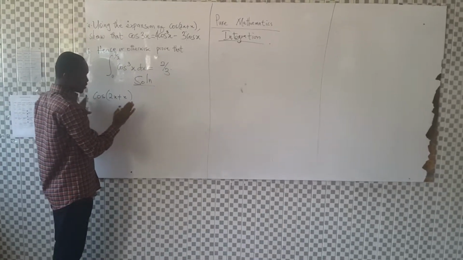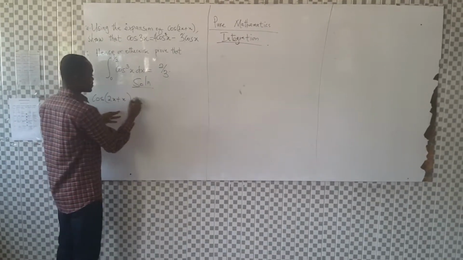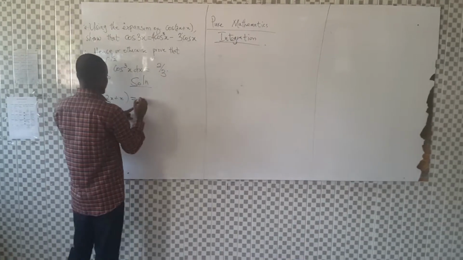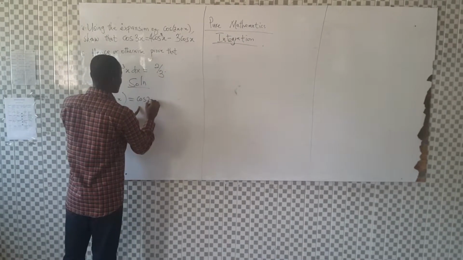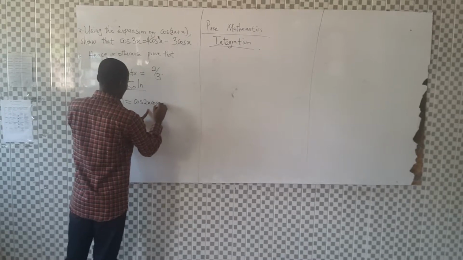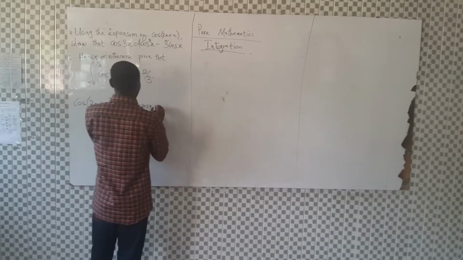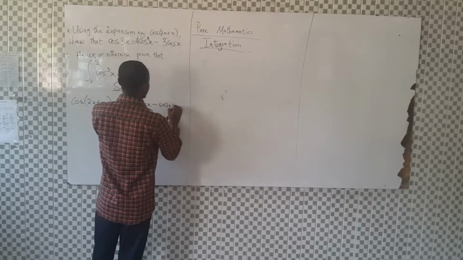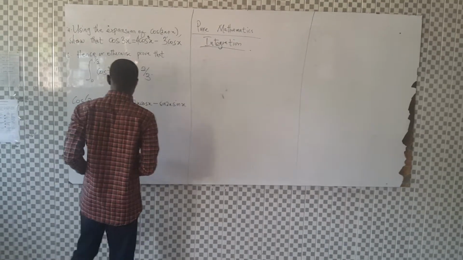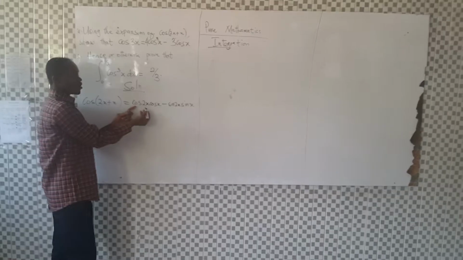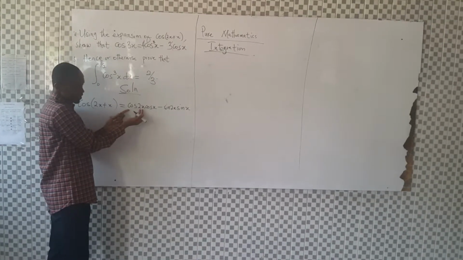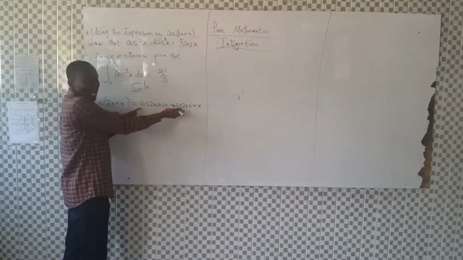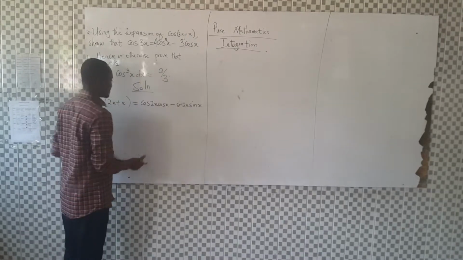Now with compound angles, using the formula, we can obtain this identity, which is cos 2x cos x minus sin 2x sin x. Because of this, this is a double angle, so we have to do further expansion.